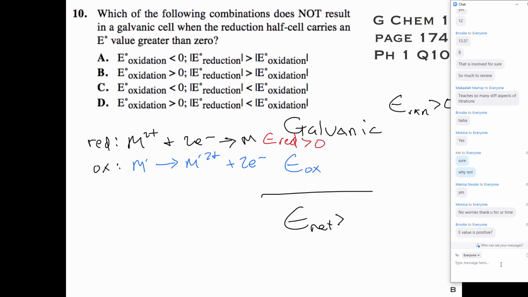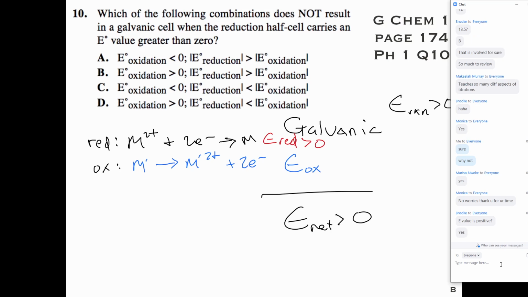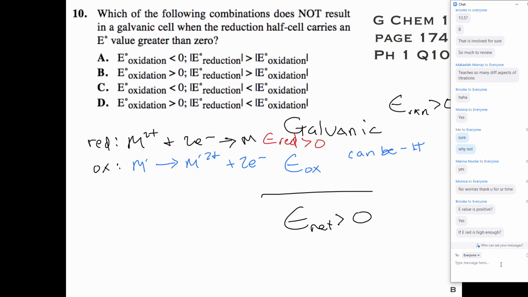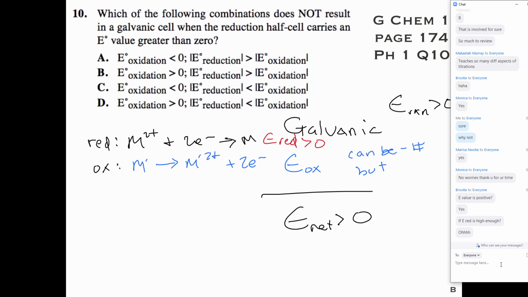So, can oxidation be a negative number? Sure. It can be a negative number, but with small magnitude, if E reduction is high enough.